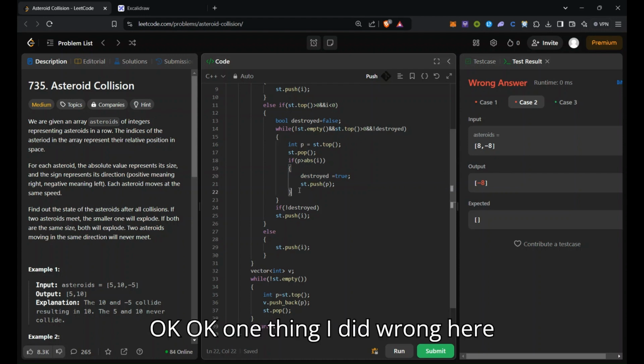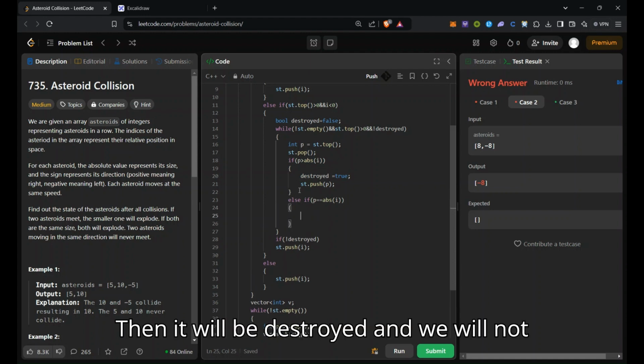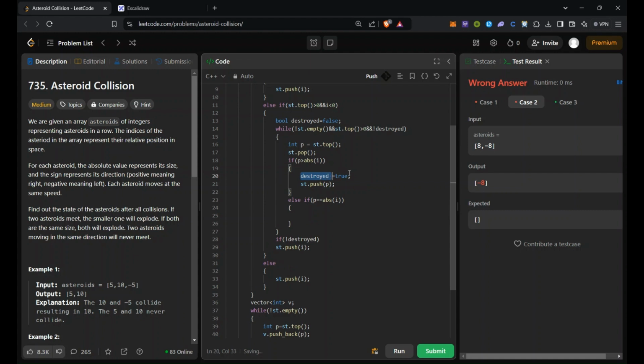One thing I did wrong here: if p equals absolute value of I, then both will be destroyed and we will not push anything. So once again.